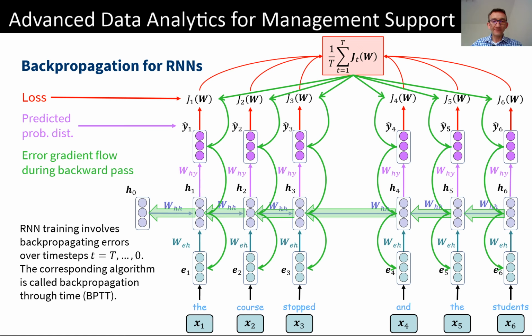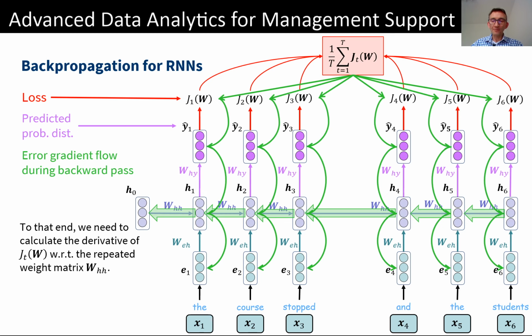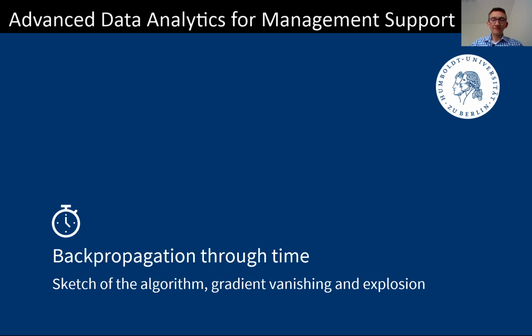For that reason the algorithm is also called BPTT, or backpropagation through time. Backpropagation through time requires us to calculate the derivative of our cost function, or our loss function, also with regard to the repeated weight matrix W_hh. You can imagine that this adds some more complications, and these we will look at in the next part.